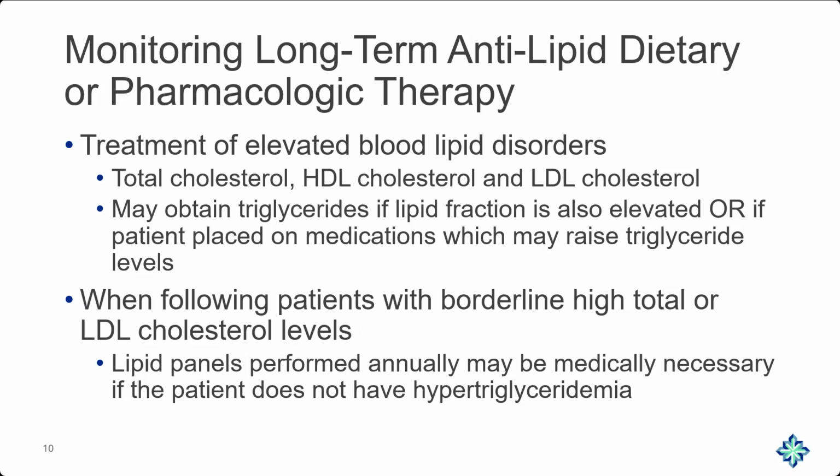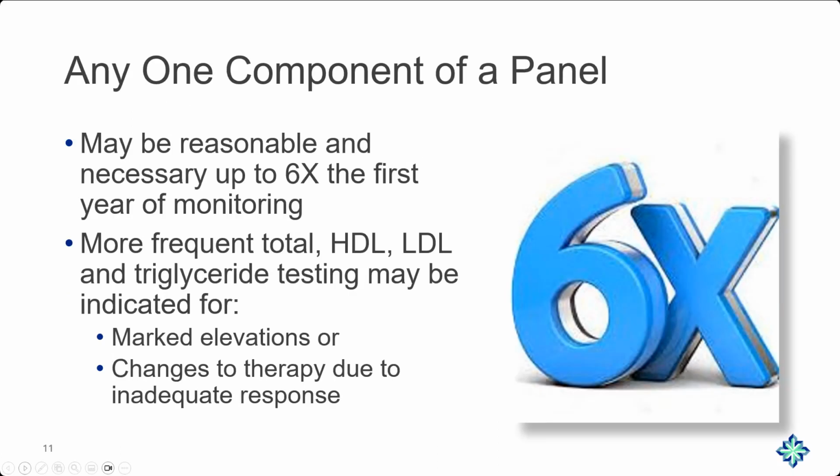So a lipid panel at a yearly interval will usually be adequate, while measurements of the serum total cholesterol or a measured LDL should suffice for interim visits if that patient does not have hypertriglyceridemia. Any one component of the panel or a measured LDL may be reasonable and necessary up to 6 times the first year for monitoring dietary or pharmacologic therapy.